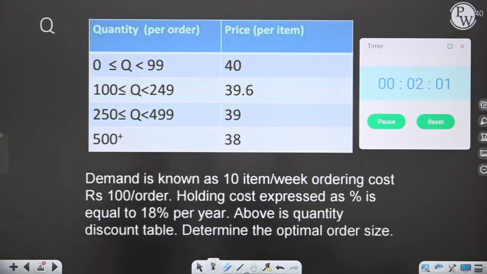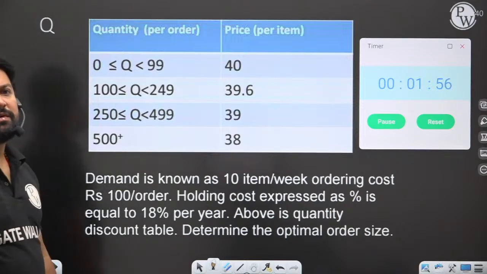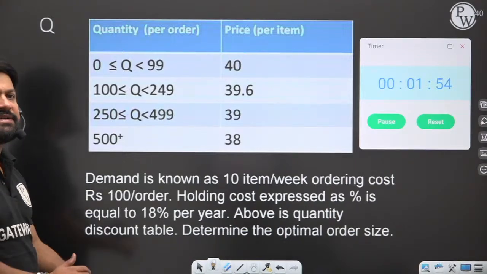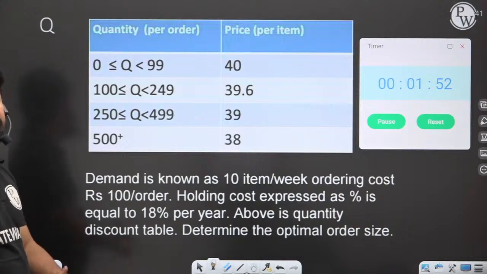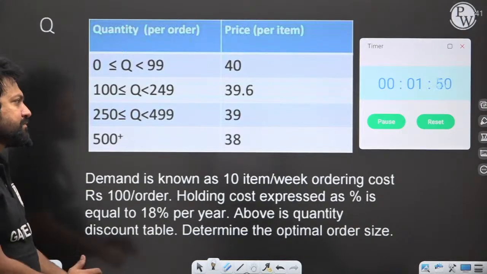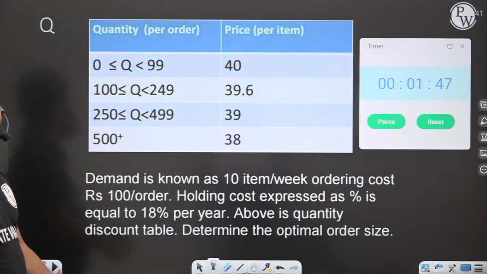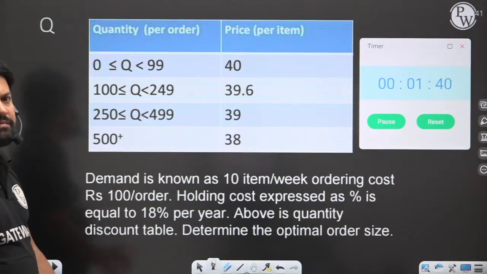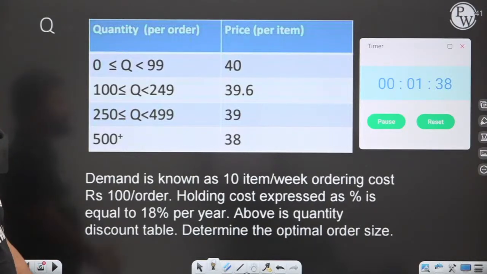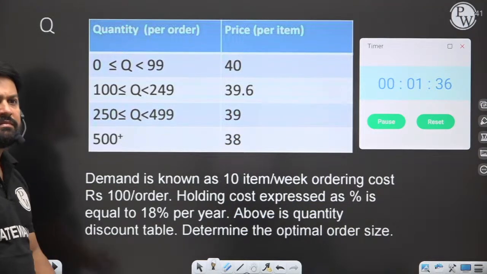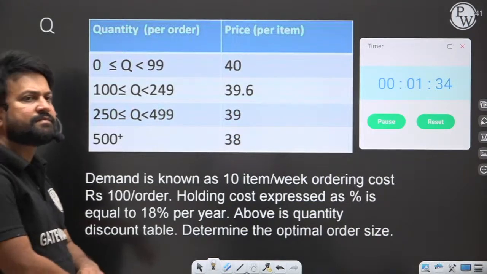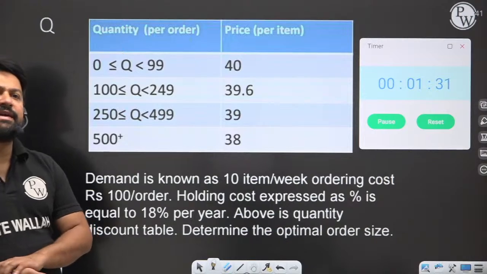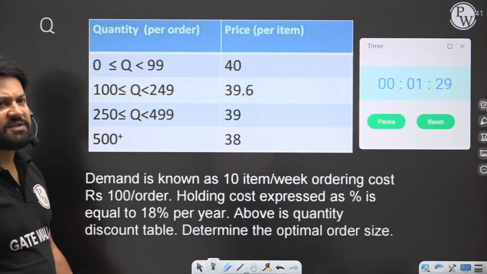Yes, 2 minutes is remaining. Your time is running out. Two minutes is remaining, my dear. One minute, 30 seconds. Yes, my dear.